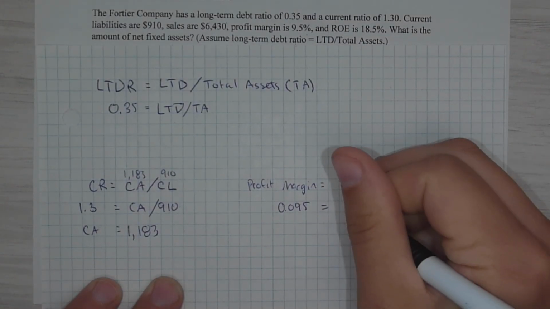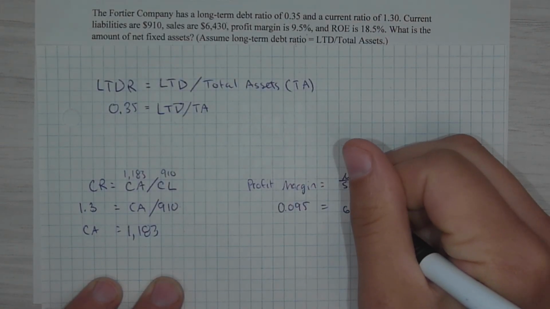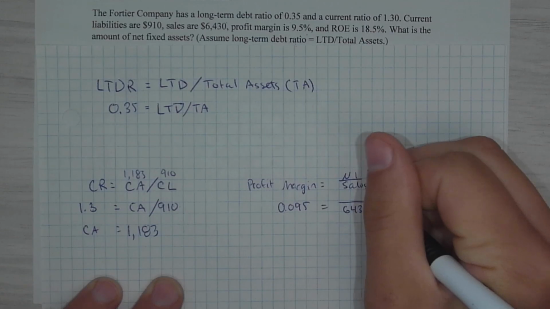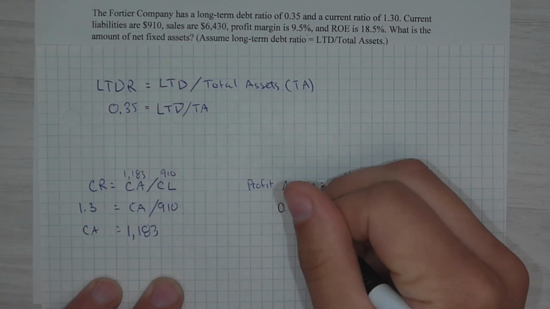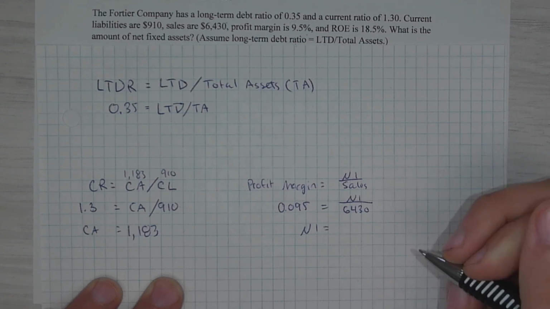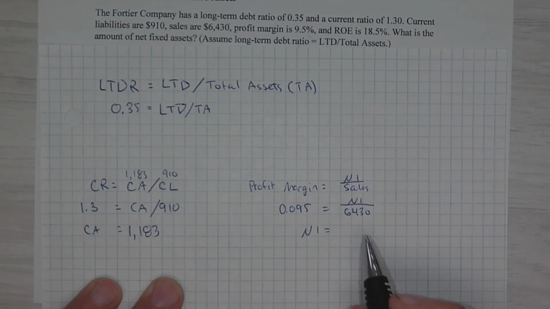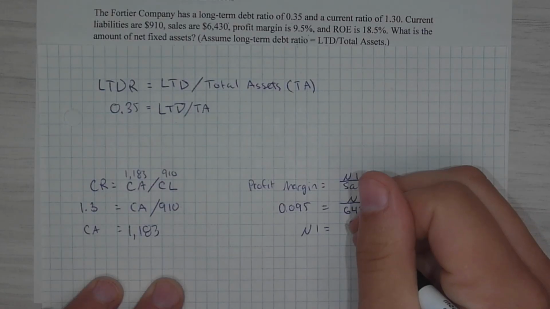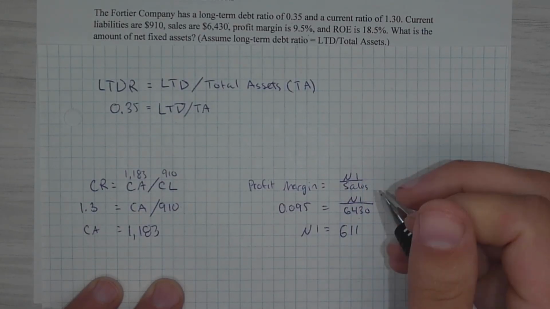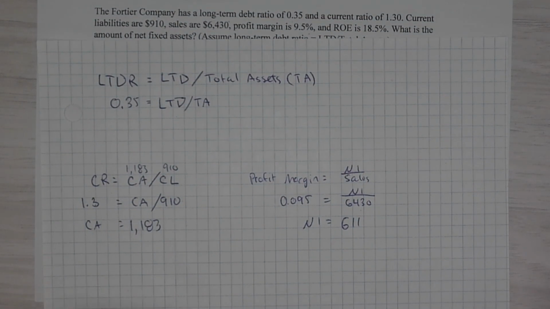Our sales are 64.30, and we don't know our net income, but we can solve for net income by multiplying these together. So we get 611. We'll just keep it rounded.